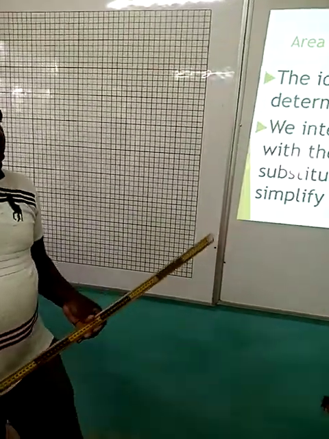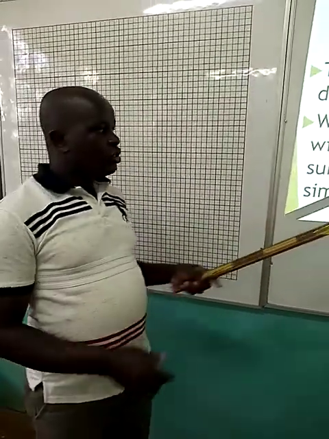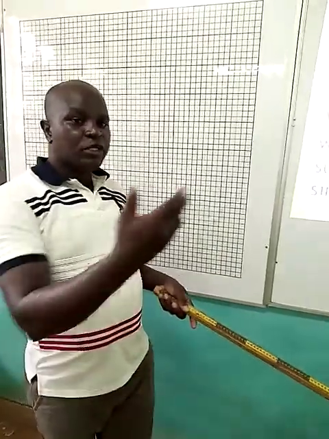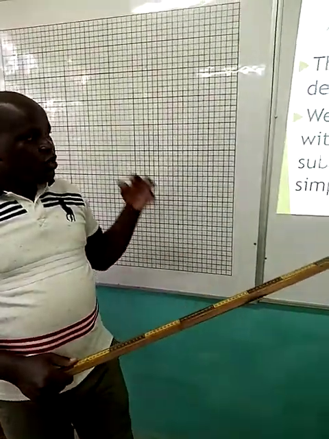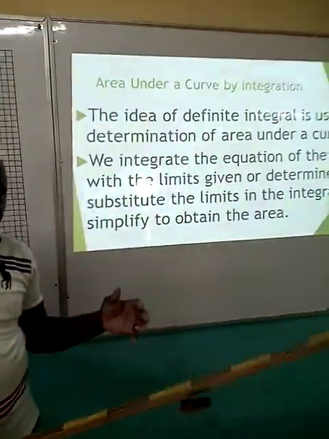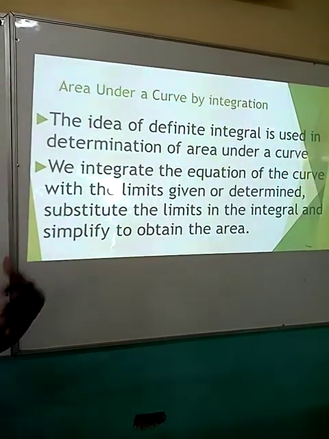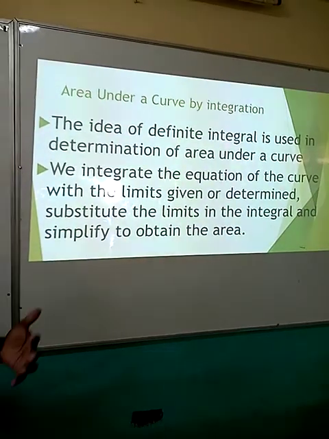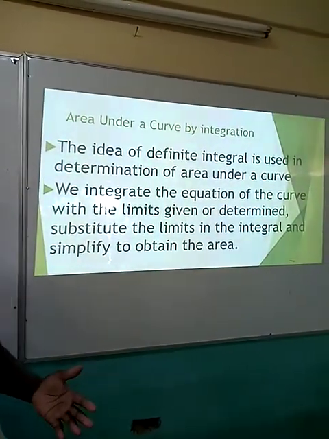When we are given an area under a curve to determine, we integrate the equation of the curve. That curve will have an equation. It is that equation that we are going to integrate with the limits given or determined. I'm saying determined because we are going to look at various aspects of area under a curve. We shall have cases where the limits are explicitly given in the equation.